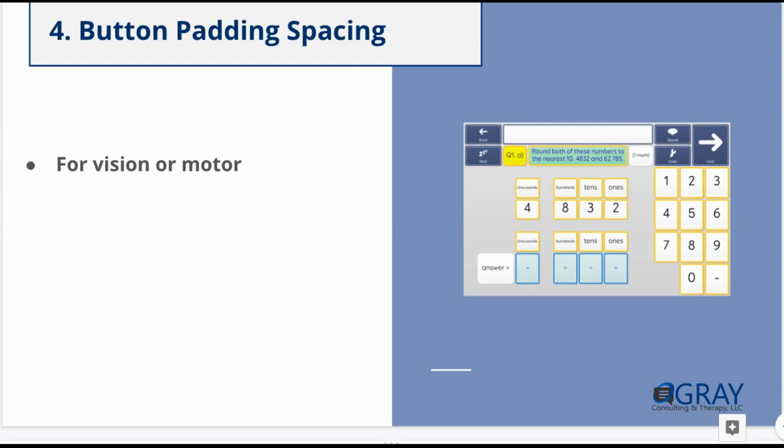But it's not just motor, it's also visually easier to access. Because the buttons are a little bit more isolated, you can locate them a little easier on your visual scan, especially if there was any horizontal nystagmus, where you might have a little bit of lack of smooth convergency of the eyes moving across the display, then having that little bit of spacing can make all of the difference in the world.